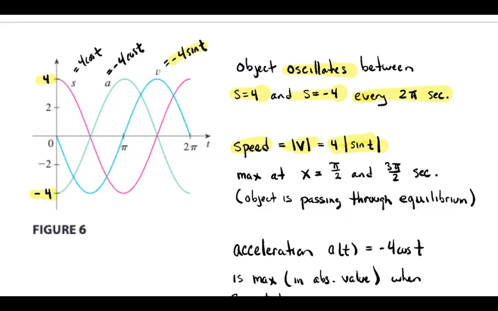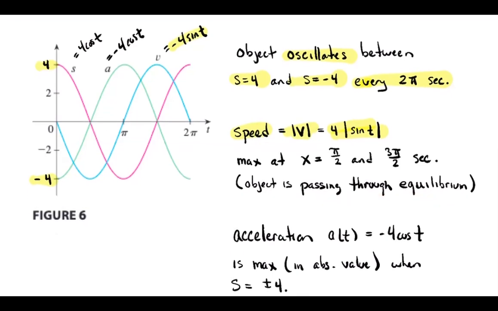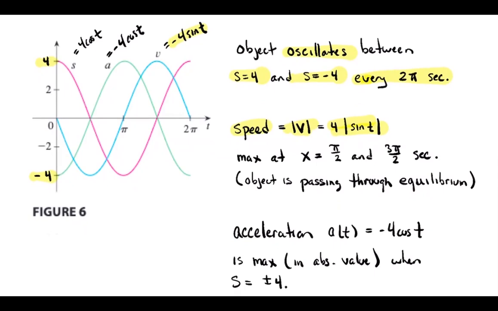Yeah, cool. You can also see the acceleration. It's -4 times the cosine of t. Its maximum in absolute value, I'm ignoring the signs. The acceleration is the graph that's drawn in green. The maximum acceleration is happening when the spring is at maximum displacement.